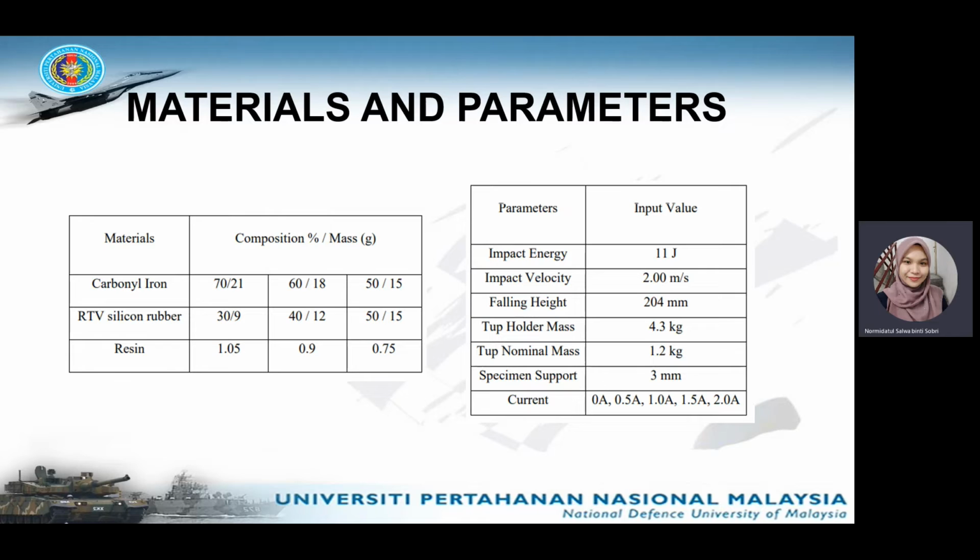The parameters for the impact testing are: impact energy is 11 joule, impact velocity is 2 meter per second, falling height is 204 millimeter, tub holder mass is 4.3 kilogram, tub nominal mass is 1.2 kilogram, specimen support is 3 mm, and a varying current from 0 ampere to 2 ampere with 0.5 step.